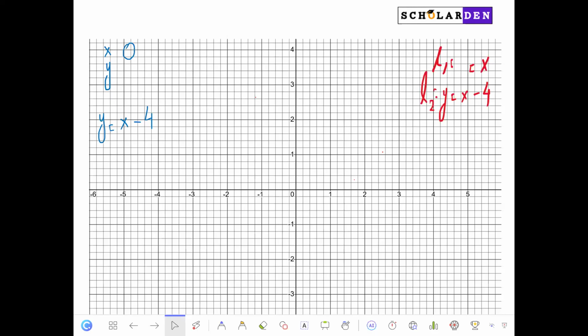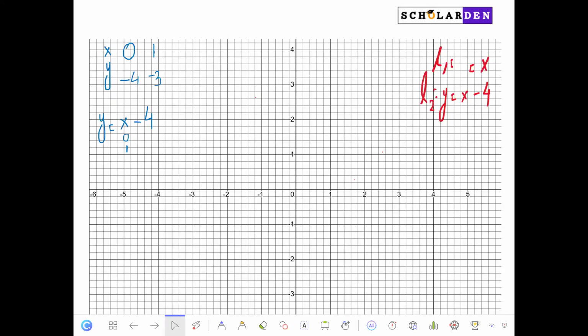So y would be 0 minus 4, which is going to be minus 4. If we take x is equal to 1, we plug in 1 over here. So 1 minus 4 is going to be minus 3. So the value of y is minus 3.